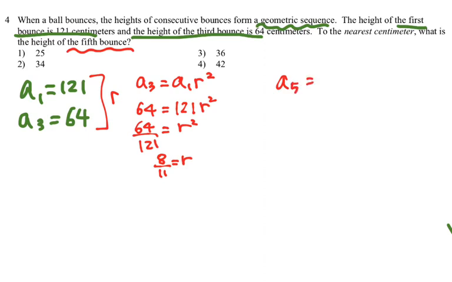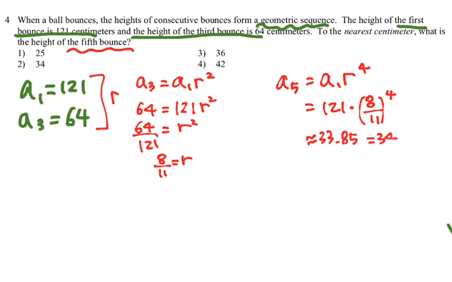So a sub 5 must be equal to a sub 1 times r to the 4th power. So by plugging in the corresponding values, we're going to get about 33.8. So therefore, our answer should be 34.